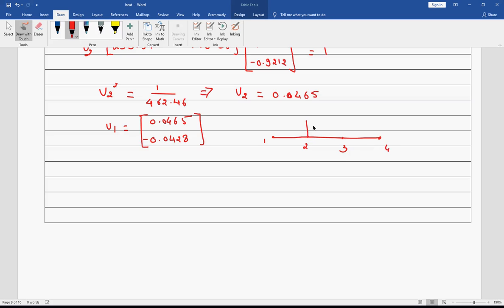So at 2 this height is, okay, so I can write this point as 0.0465, and at 3 somewhere here, and this point is minus 0.0428, like this, and of course the displacement at 1 and 4 is 0. So this is my first mode shape.